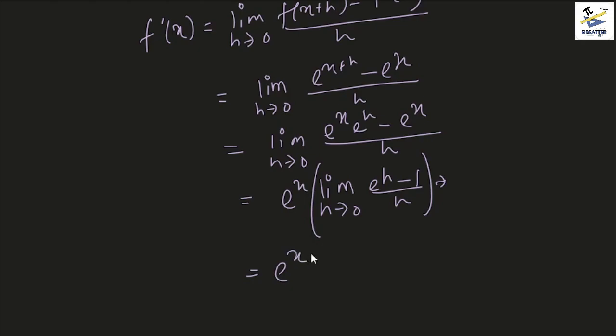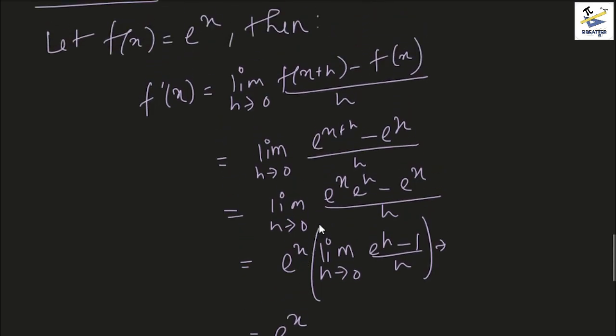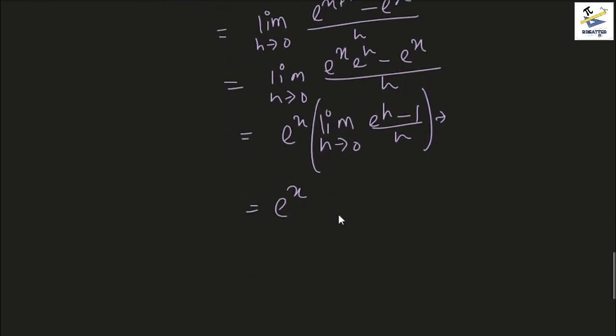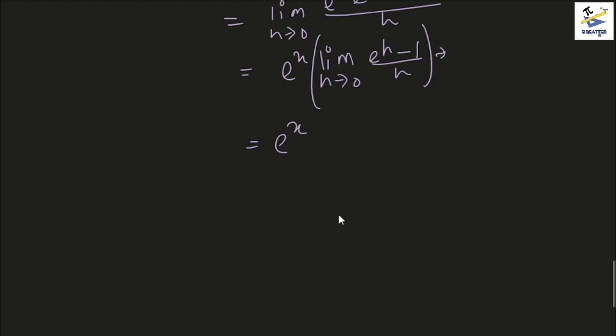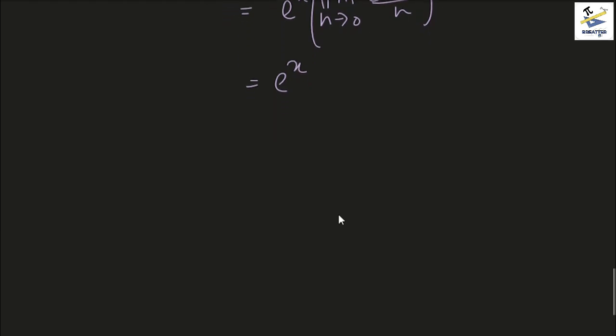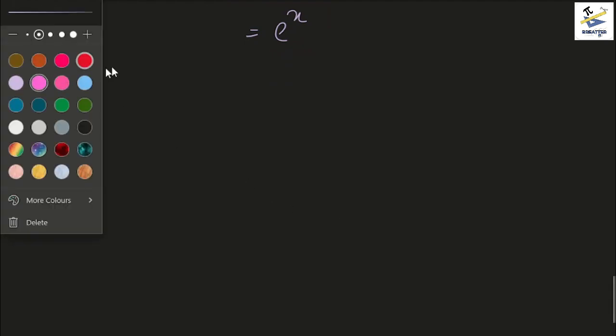And as you can see, the derivative of e to the power x is e to the power x itself, which actually means that this is the only function whose derivative is itself. Now once we are clear with the basic definitions of how to find derivatives, I can give you a list of basic functions and their derivatives. So let me write it down.